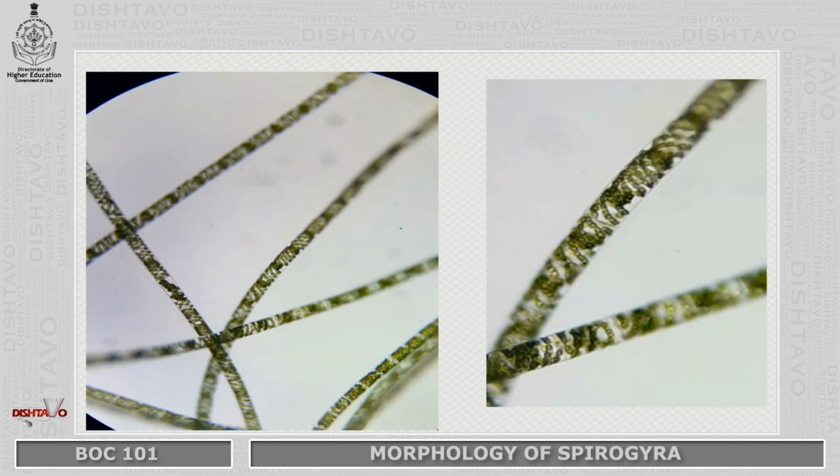Coming to the filaments as they look under the microscope, on the left hand side you can see a microscope photograph where we have clicked Spirogyra filaments under a compound microscope, and you can see that the cells are touching one next to the other and they are grass green in color. The other picture is an enlarged structure where you can see the chloroplast pigment in the cells.